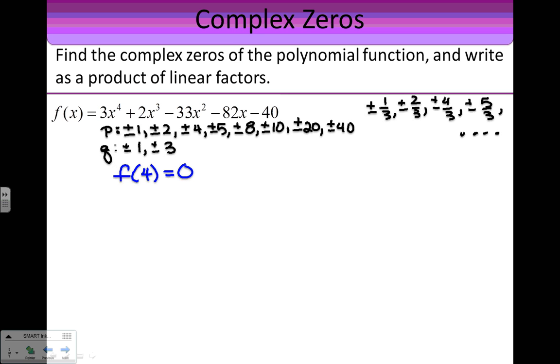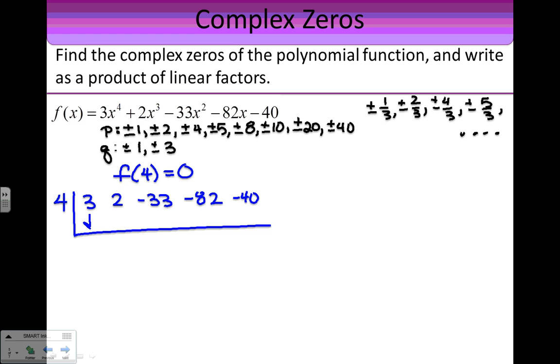So we'll do some synthetic division using 4. Okay, and of course we get a remainder of 0.